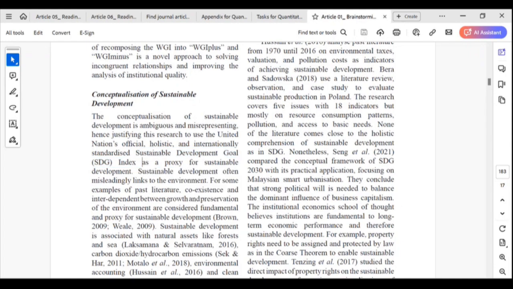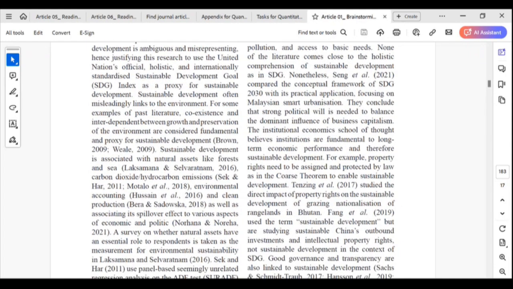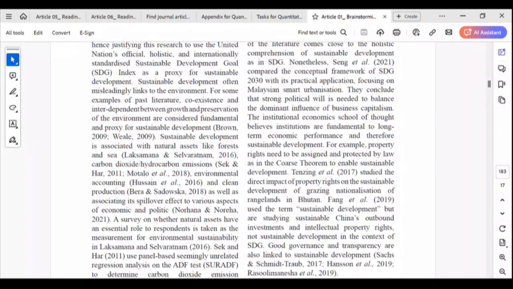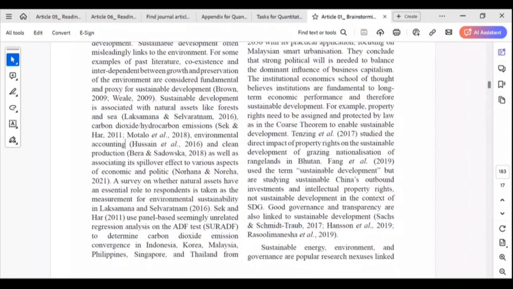They used a variety of proxies, mostly things like forest and sea, carbon dioxide emission, some environmental accounting, then green production, all these small things, as a proxy for sustainable development.